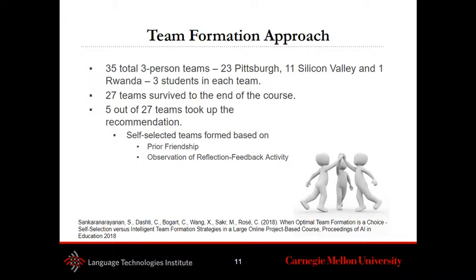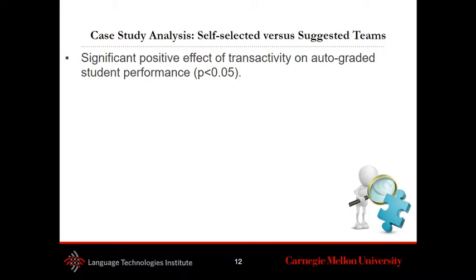What students had a strong tendency to do was to fall back on choosing their friends to work with, which actually turned out to be a very poor strategy for picking a team. So let's actually drill down and look at that in a little bit more detail.